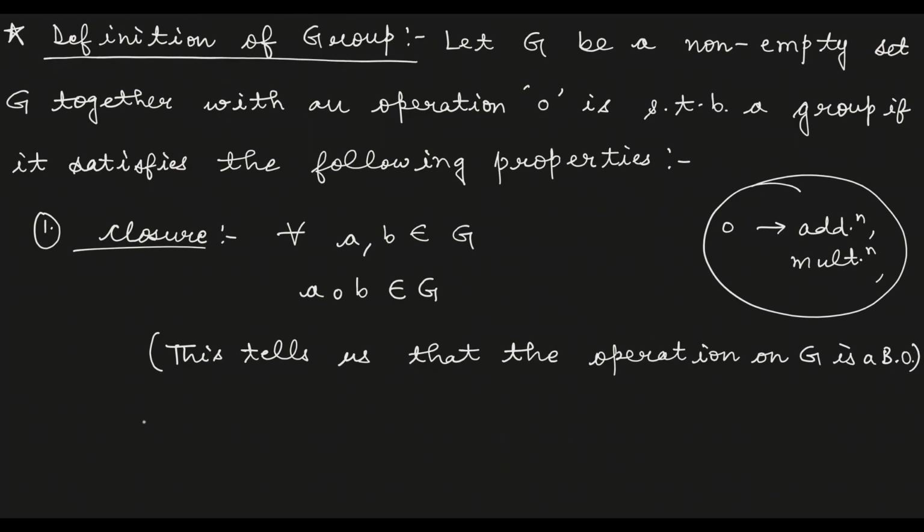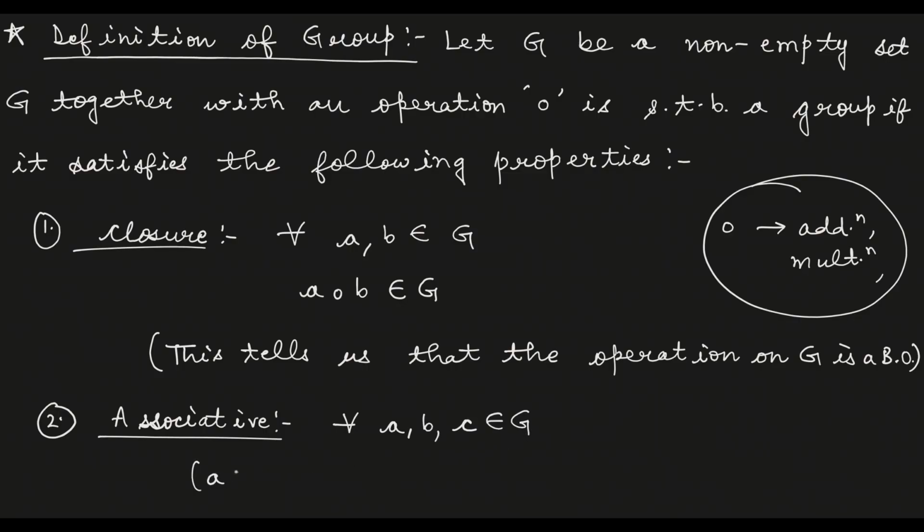Now second property, associative property. For all a, b, c belongs to G, I am taking three elements from this group, (a composed with b) composed with c is equal to a composed with (b composed with c).